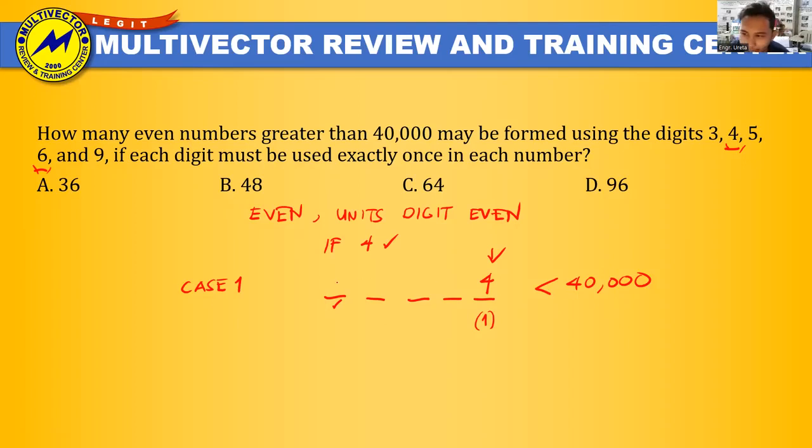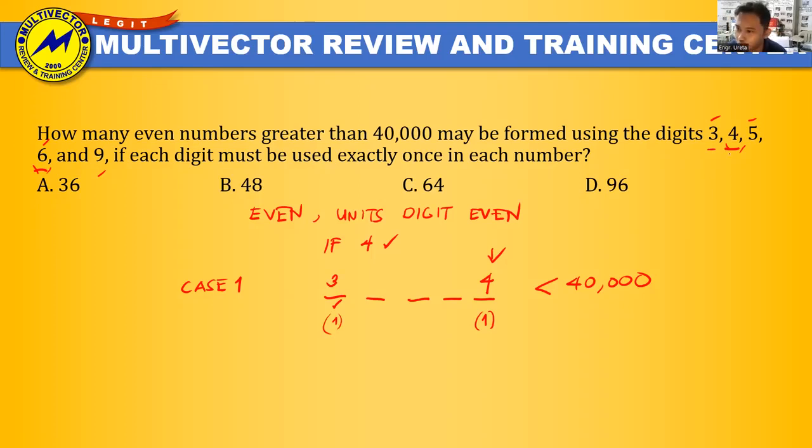Since napili na yung 4, pagpipilian nyo lang 3, 5, 6, and 9. Take note for this 10,000 digit, dapat less than 4 siya. Therefore, ang pwede lang nating ilagay is 3. Of course, there is only one way to put 3.